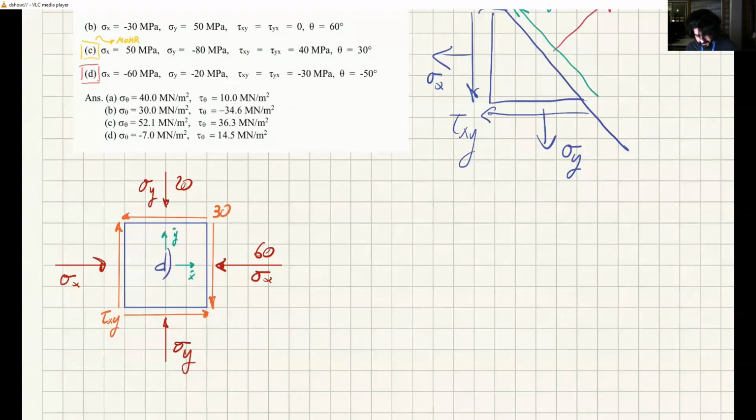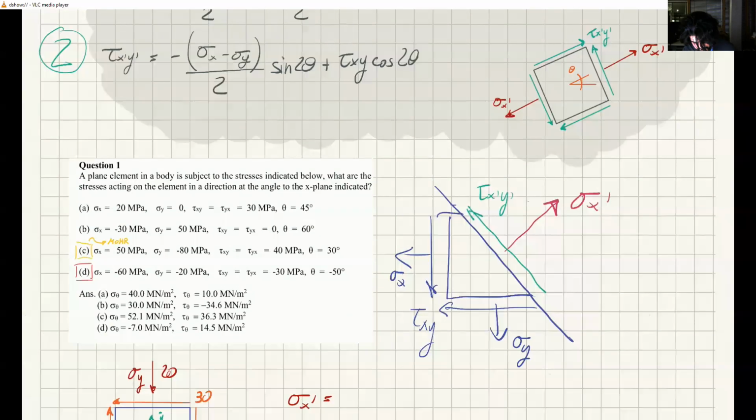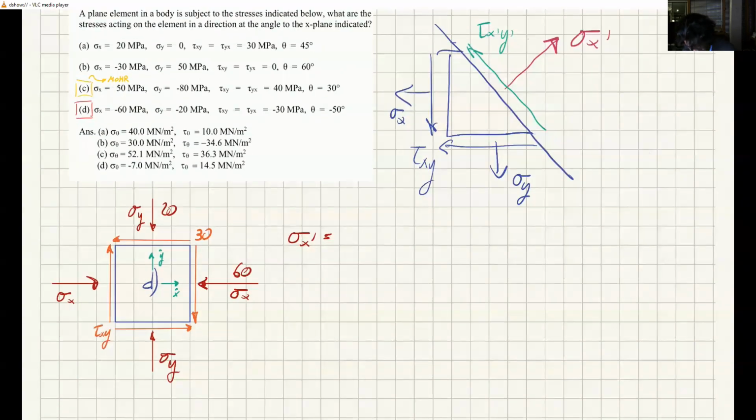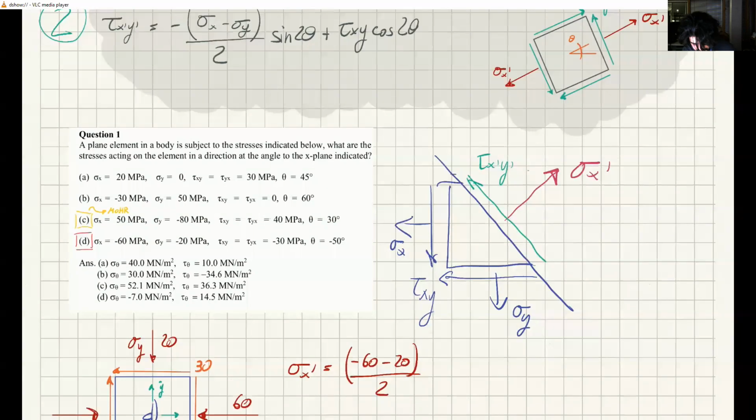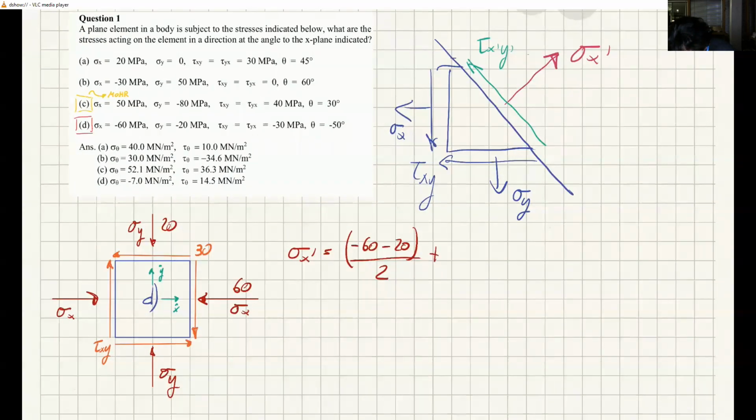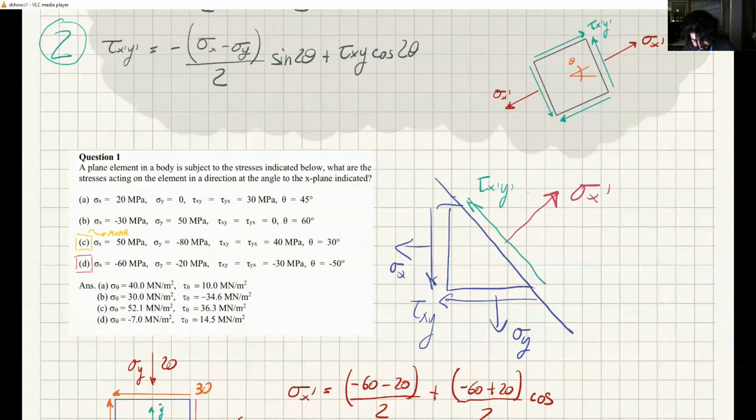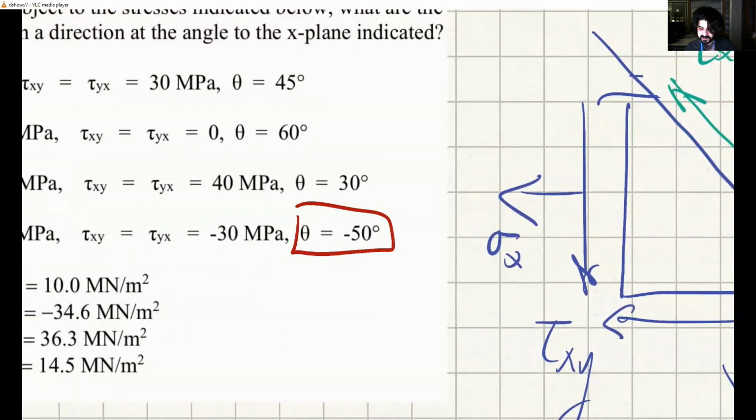Now this is the stress state, and I can just use the equations. Sigma x prime is sigma x plus sigma y, so it's minus 60 plus minus 20, divided by 2, plus sigma x minus sigma y, so minus 60 plus 20, divided by 2, times the cosine of 2 theta. Theta is minus 50 degrees.